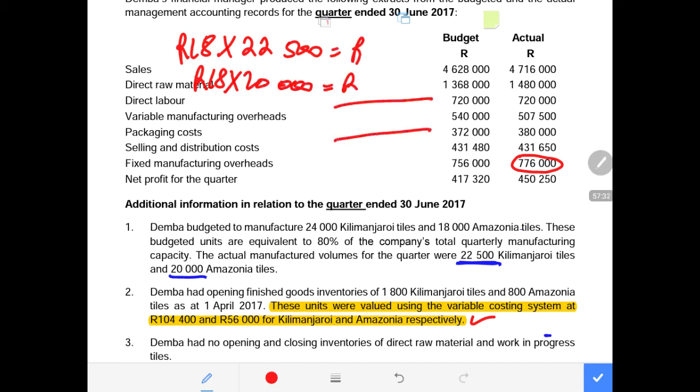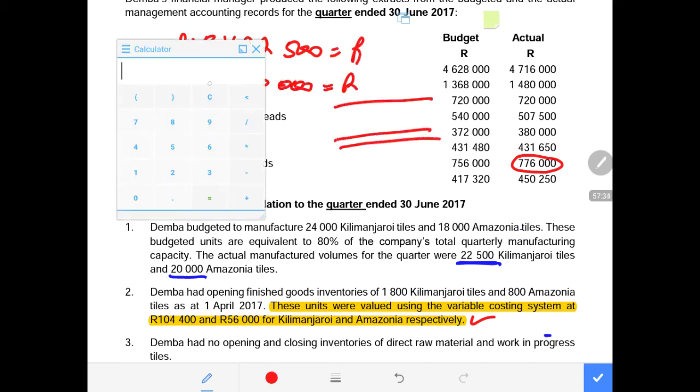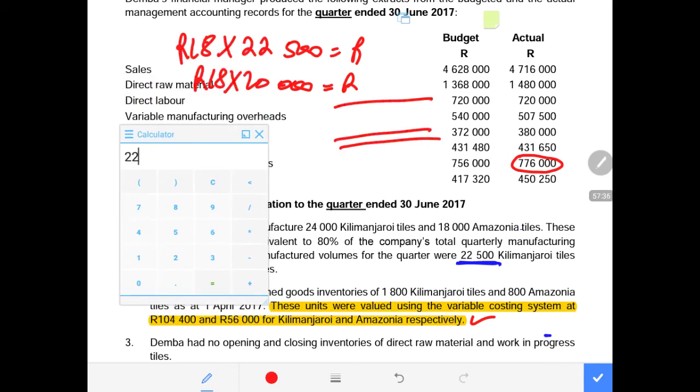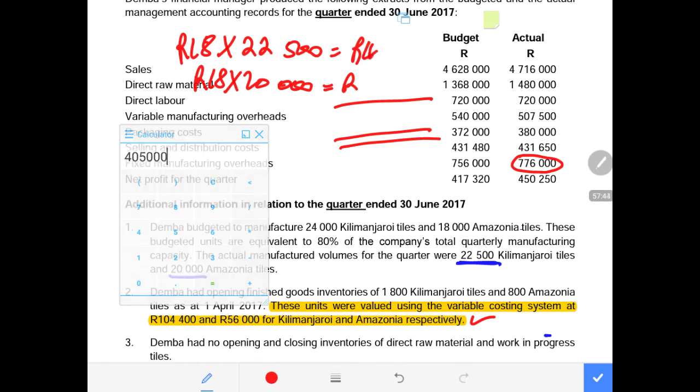Then we add the two, it gave us applied. This POR times actual production, remember, 22,500 by 18, we get 405,000.